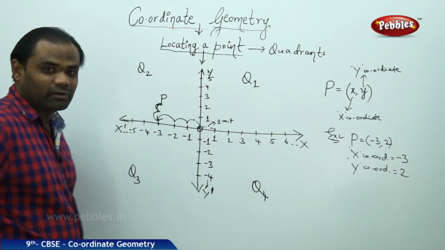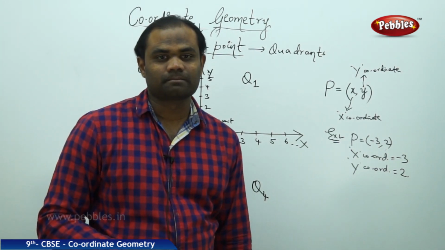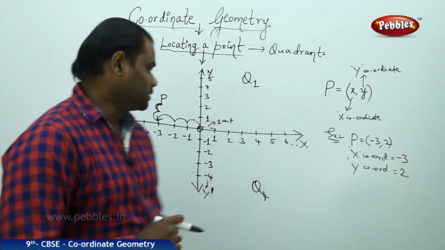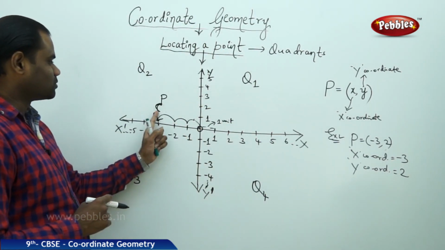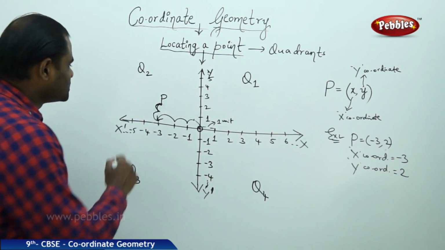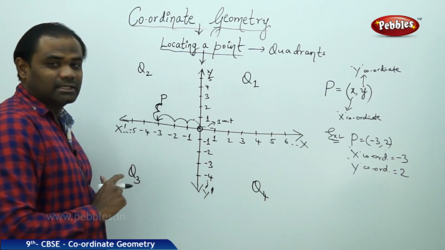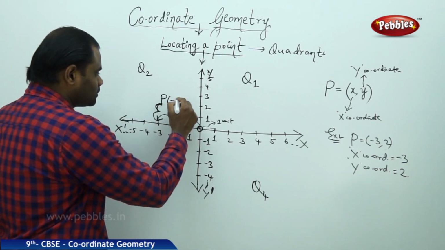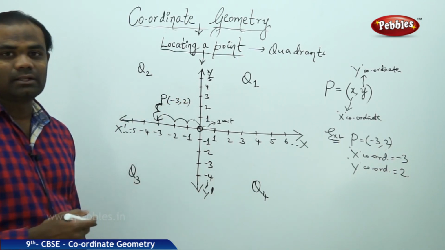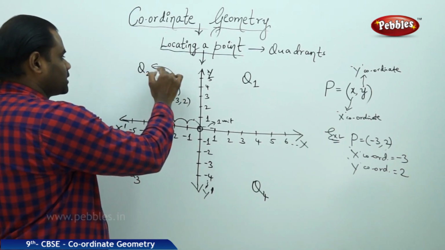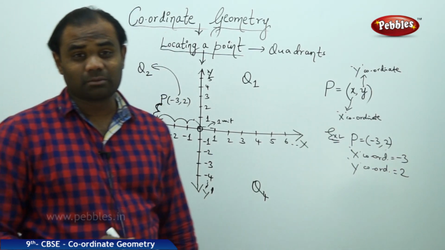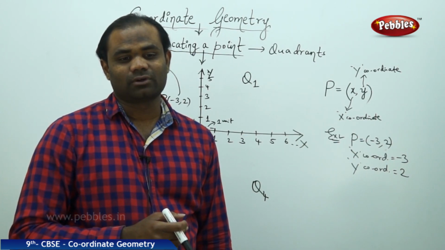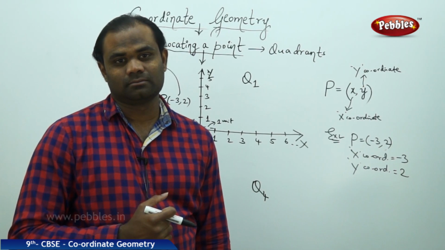This is where finally the point P lands. So when I locate the point minus 3, 2, I understand that it moves 3 units left and 2 units up. And finally, I see that this point P is in the second quadrant. So the point P, which is minus 3, 2, lies in the second quadrant, is how we locate the point in each of the quadrants using the definition of the quadrant concept.